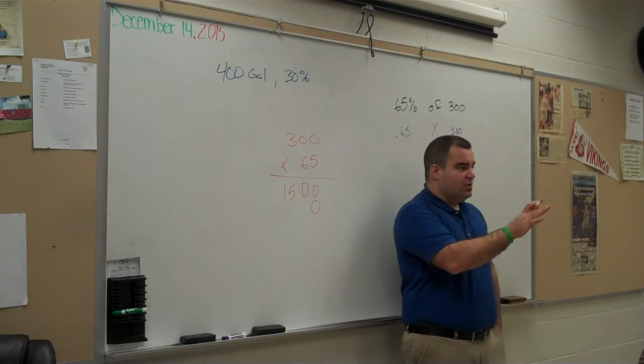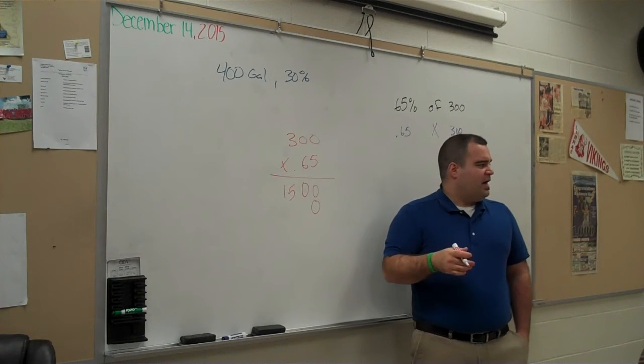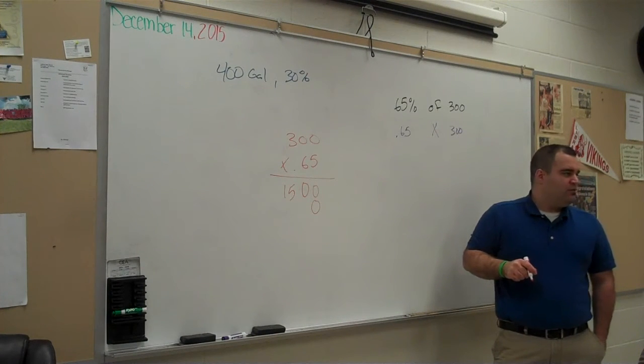Now, when we're doing this, remember you've got to have that 0 there. That's our placeholder. How many of you did the crazy lattice method? I thought Dylan would do it.